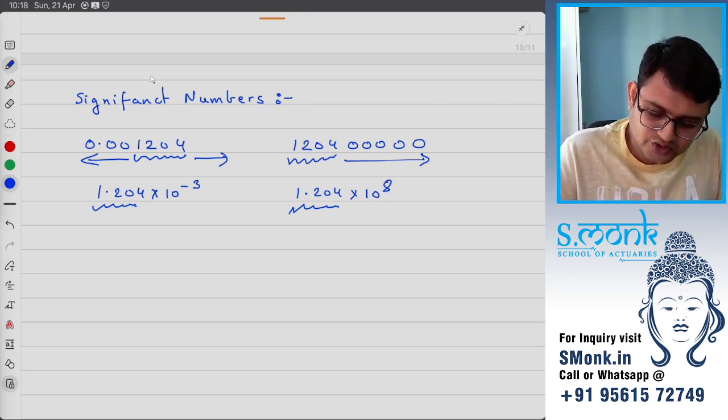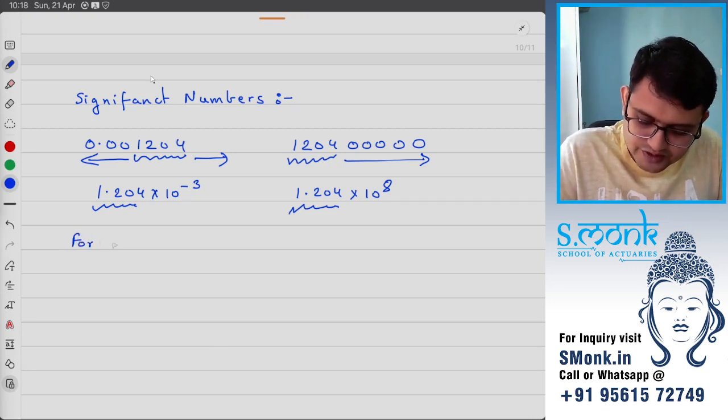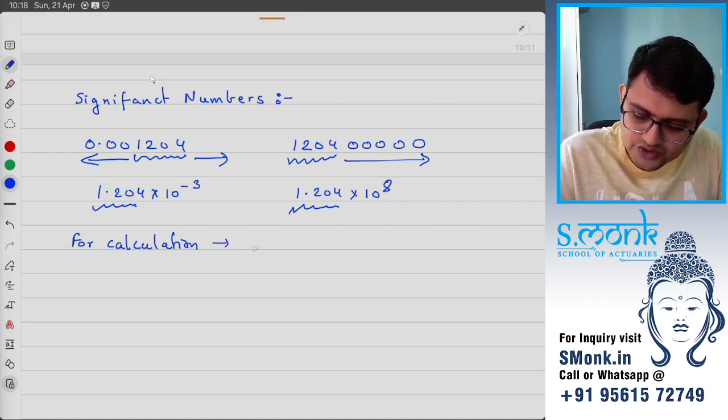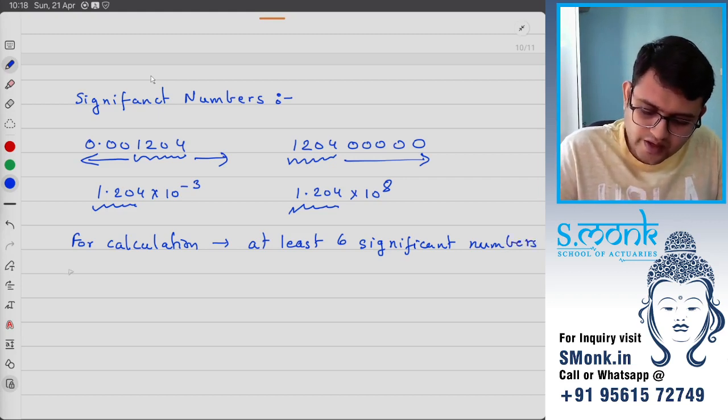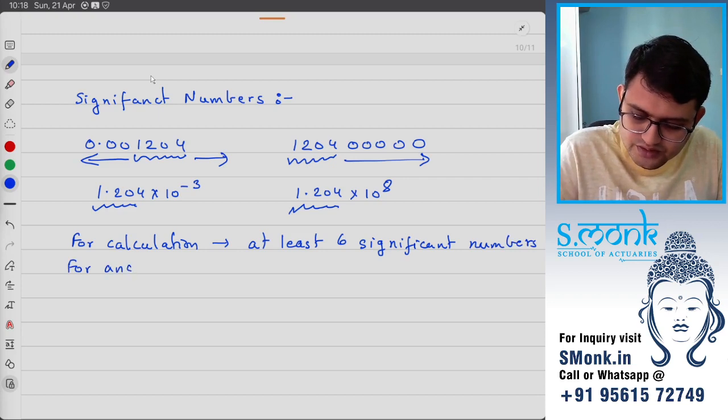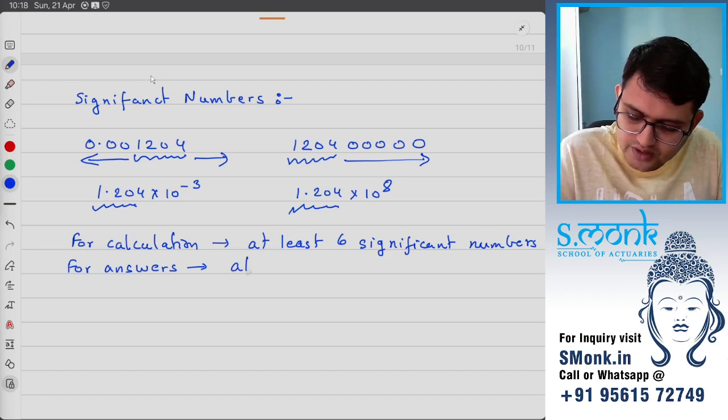Okay. So for calculation purposes, we use at least 6 significant numbers. And for answers, we use at least 4 significant numbers.